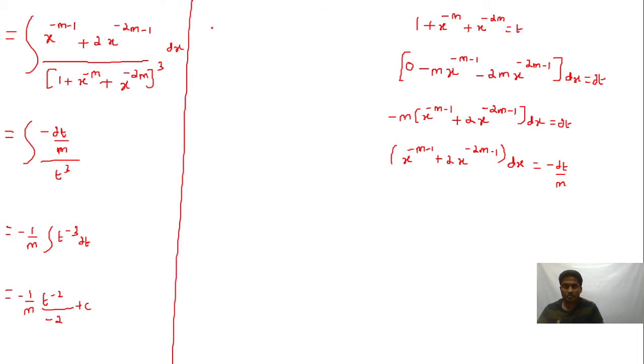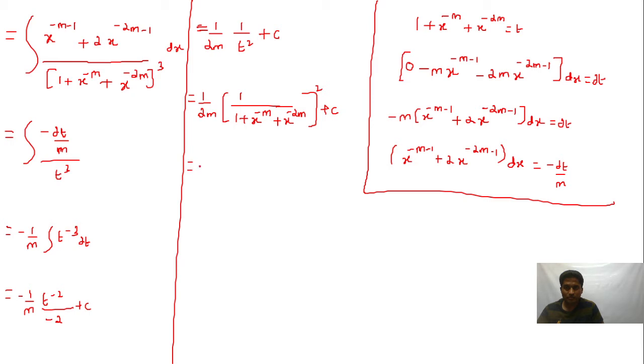So I can write this as 1 upon 2m, and then you get 1 by t square and plus c. Substitute the value of t. T value will be equal to 1 plus x to the power of minus m plus x to the power of minus 2m, and then this is whole square and plus c.